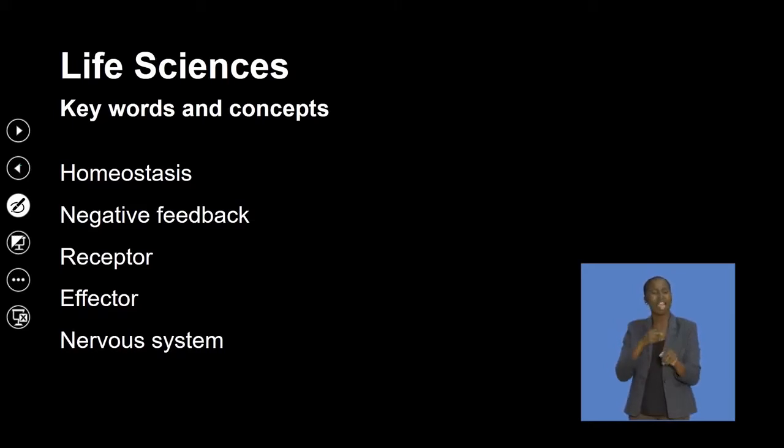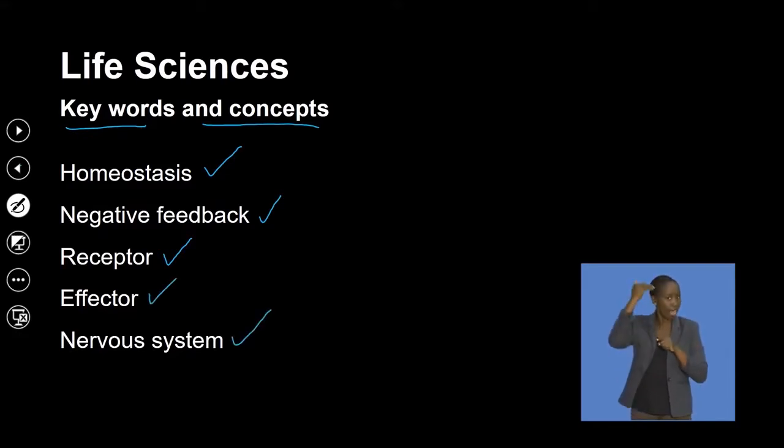As we normally do, we need to look at the key words and some important concepts. So the first term that we're going to be unpacking is homeostasis. The next concept we're going to look at is the mechanism of negative feedback. And in that we're going to look at what a receptor is, what an effector is, and what the nervous system does.